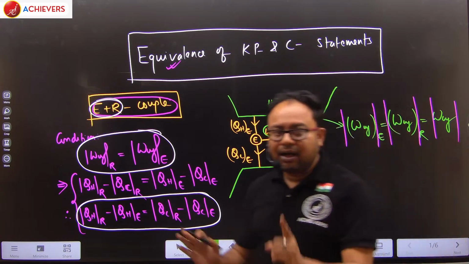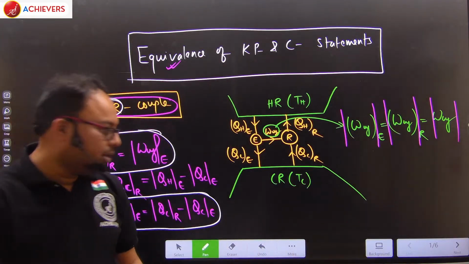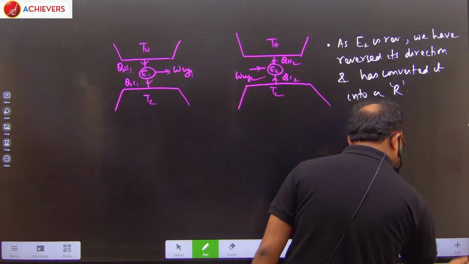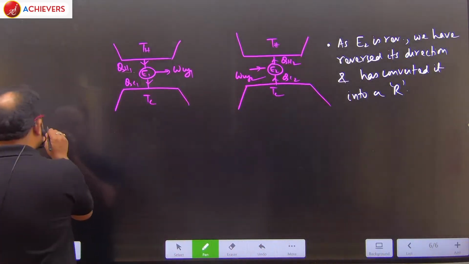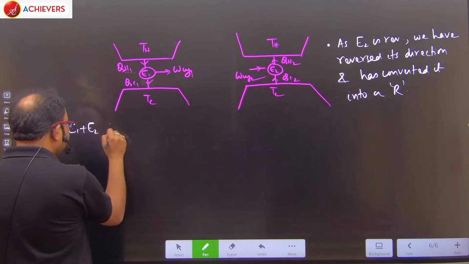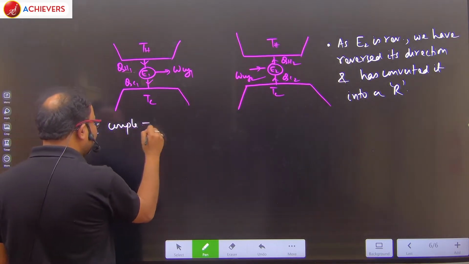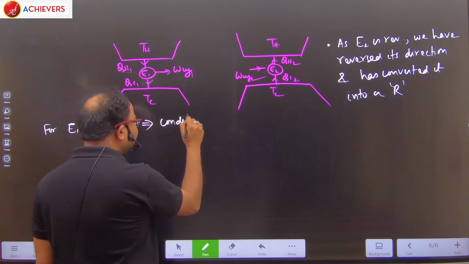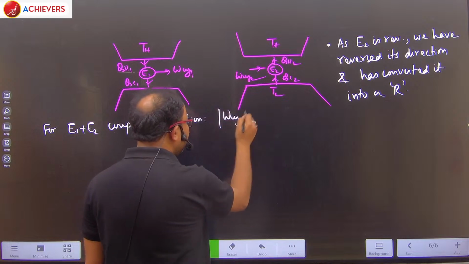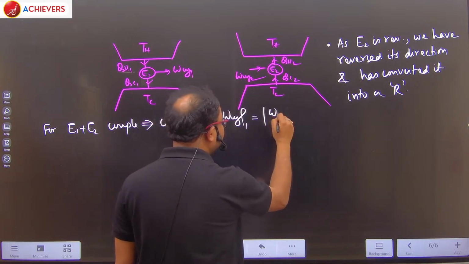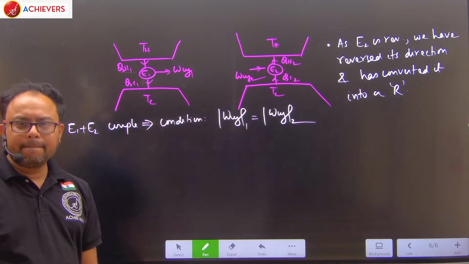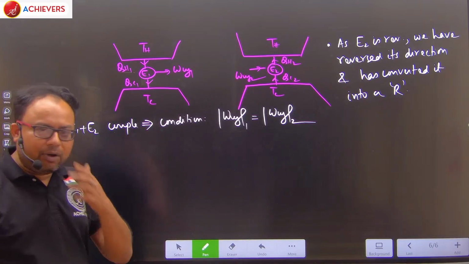So if we apply it here, for the E1 plus E2 couple, the essential condition is mod W cyclic 1 should be equal to mod W cyclic 2.